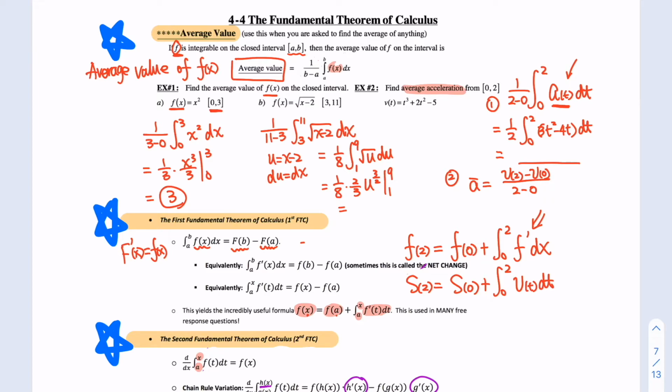Also sometimes capital F(2) equals F(0) plus the integral from 0 to 2 of F prime dx, and F prime, we know, is lowercase f. So this is more popular on the AP test.